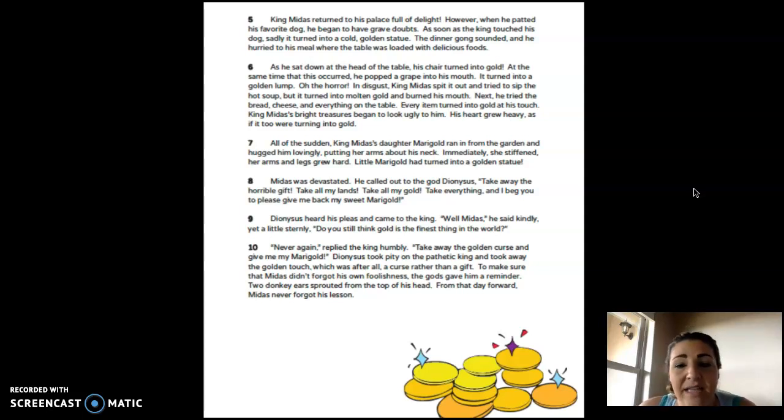He called out to the god Dionysus, "Take away this horrible gift. Take all my lands, take all my gold, take everything, and I beg you to please just give me back my sweet Marigold." Dionysus heard his pleas and came to the king. "Well, Midas," he said kindly, yet a little sternly, "do you still think gold is the finest thing in the world?"